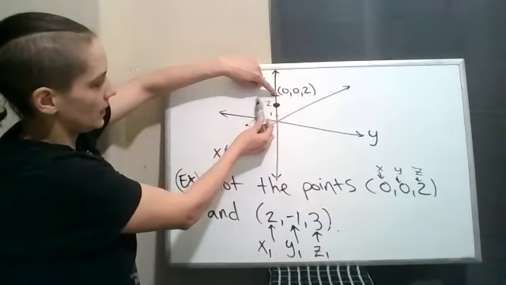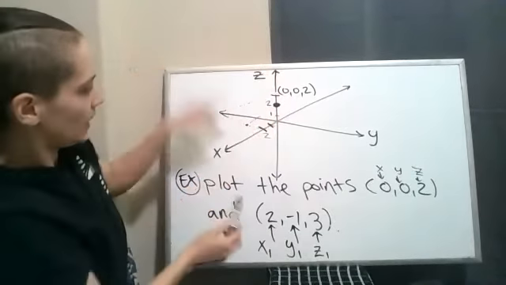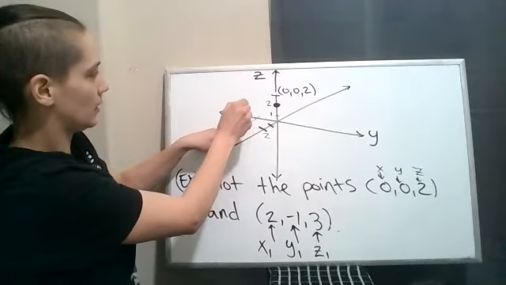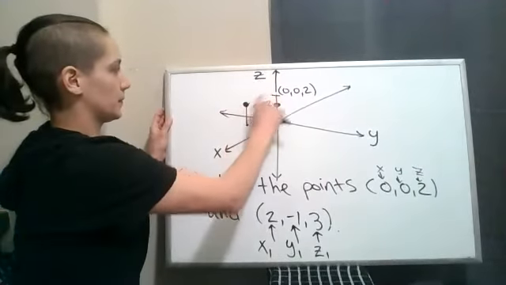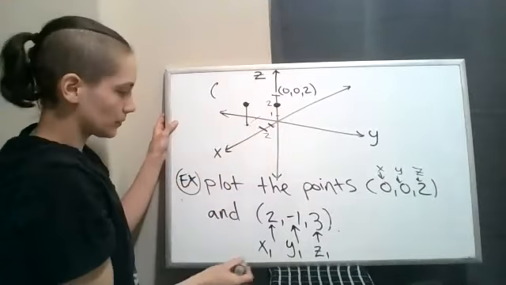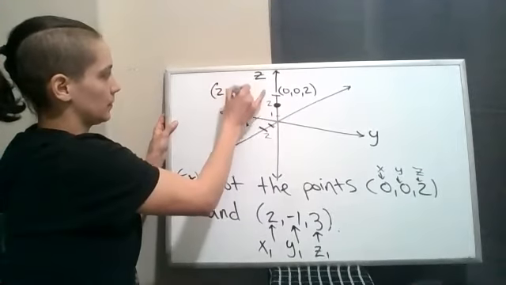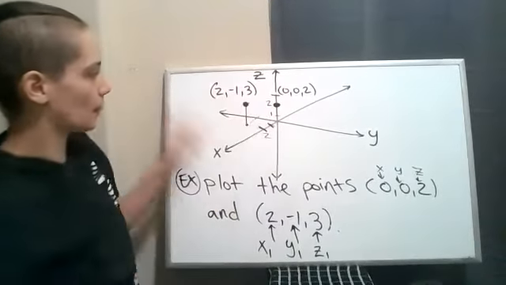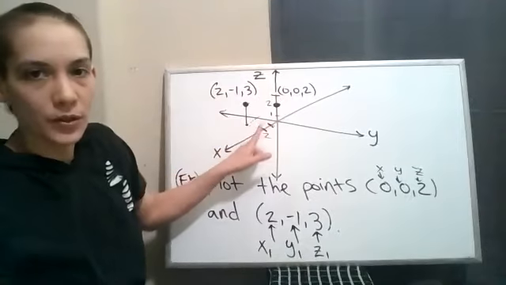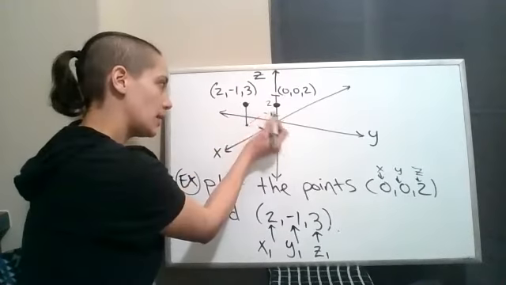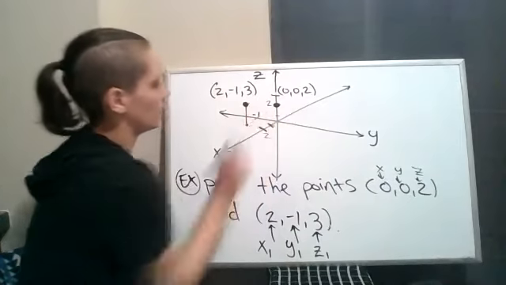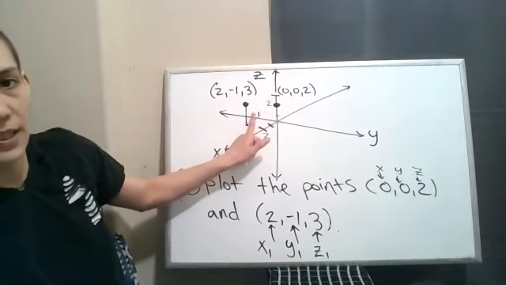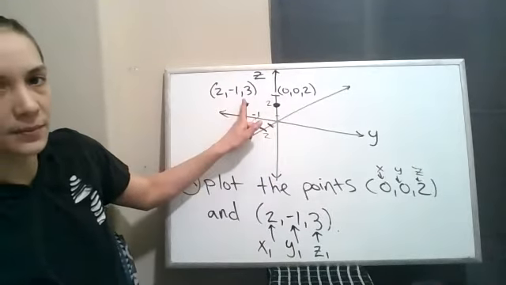Draw this kind of line. I'm going to go straight up here. That's my point. So 2 for x, -1, wait, hang on. Maybe like here, -1, 2 for x, -1 for y, up 3 for z.